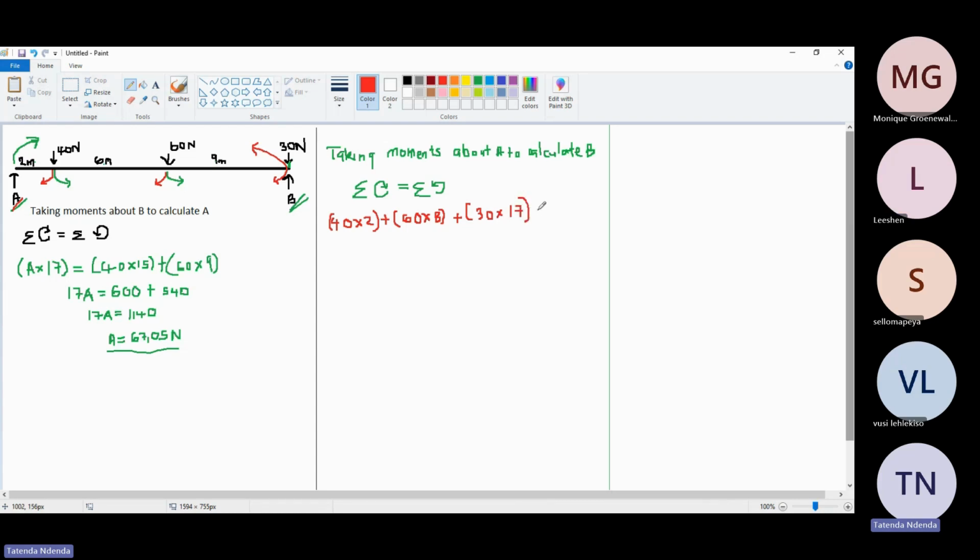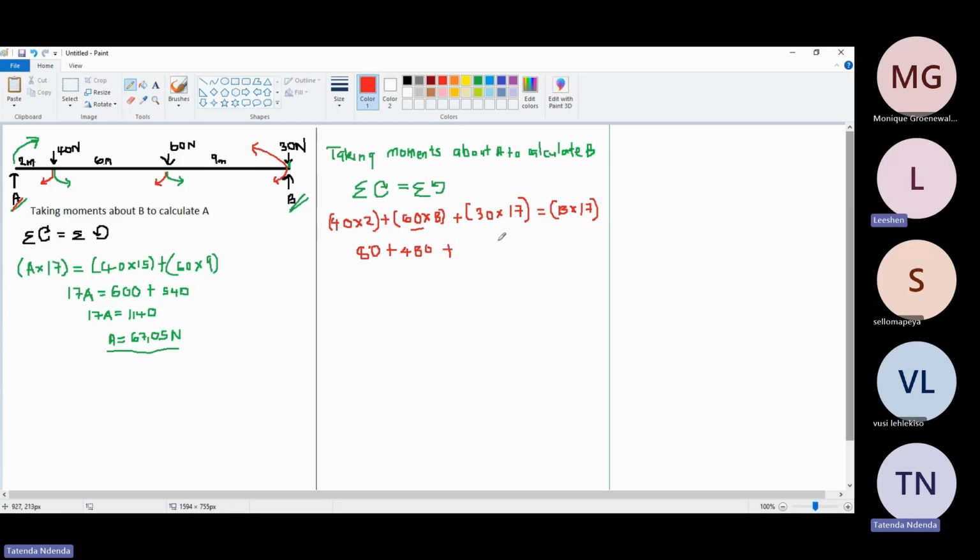Then that's it for clockwise moment, equal to anti-clockwise, which is B multiplied by 17. Okay, so here we are going to get 80 plus 60 multiplied by 8, which is how much? 480.